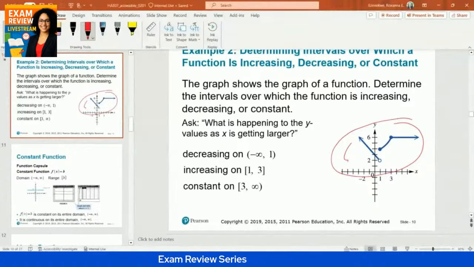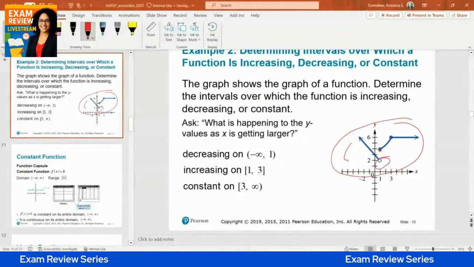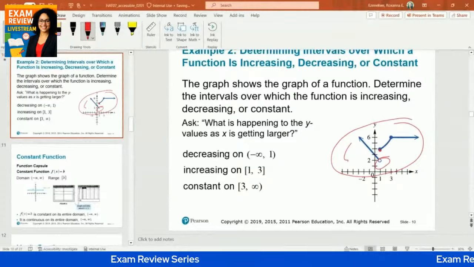You could be told to find the value of x at 1, and you really have to be careful, because the value at 1 is actually 4, because there is no graph at that point. That's a hole. We call it a hole. That's a hole at that point.